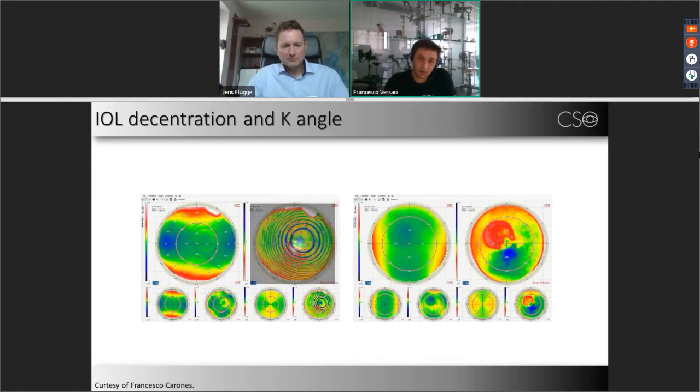So by means of this image, you can understand if the center of the lens was actually concentric with the kappa angle, so the corneal vertex, or like in the right case, there is an actual decentration, and we have to proceed with some kind of surgery to realign the lens in the back.